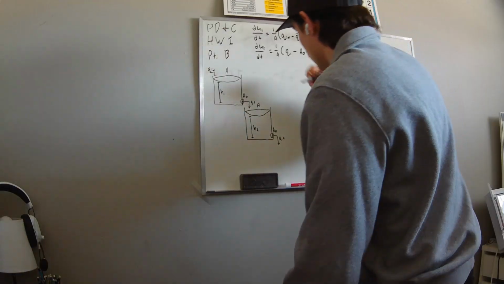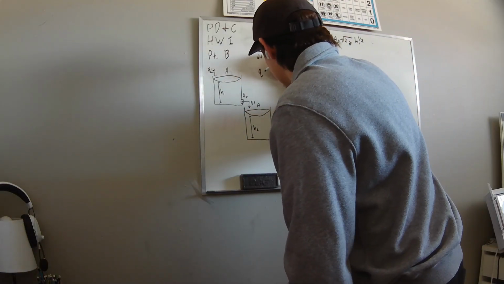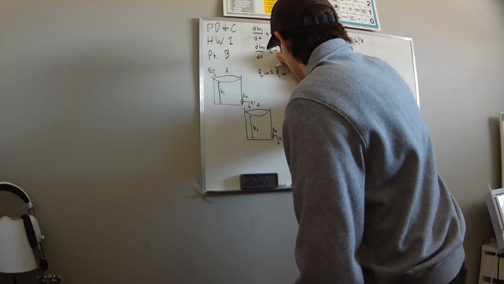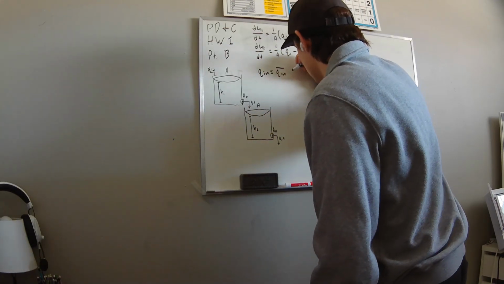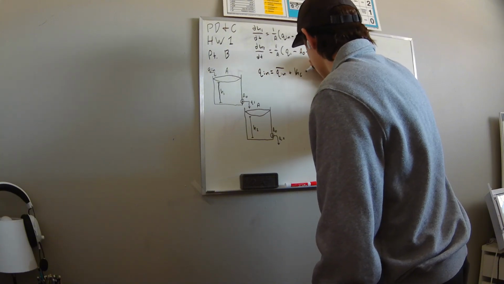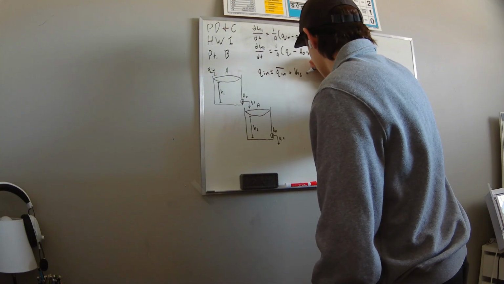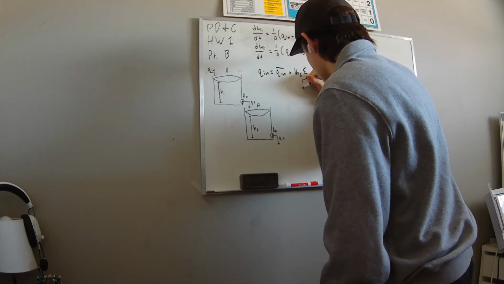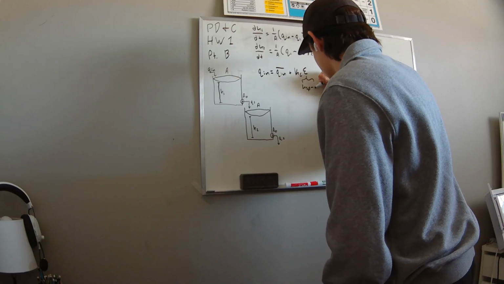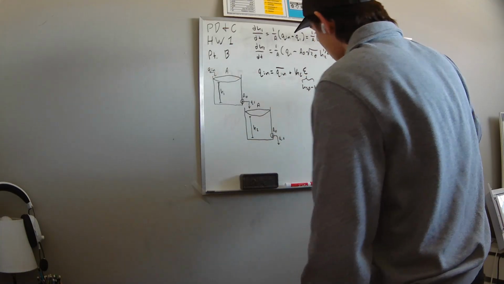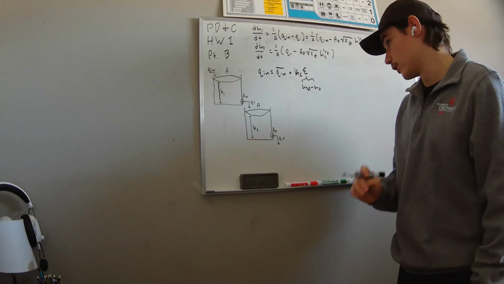Well, we're going to take our original controller, our Qin equals Qin, our initial steady state, plus our proportional controller gain, Kc, times our error, which, if you remember, equals our HSP minus H2. And then we're going to add our integral portion.